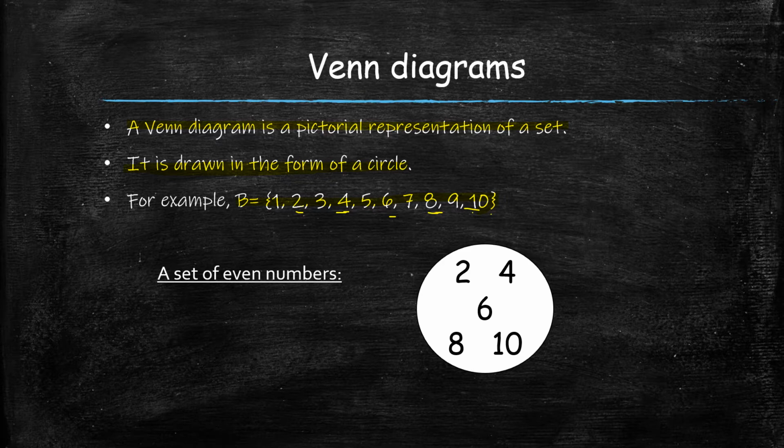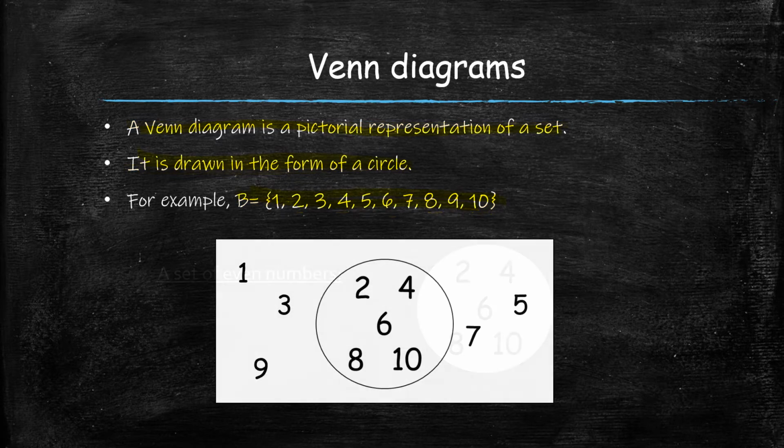Now what about the other numbers that are present in the set, like 1, 3, 5, 7 and 9? These are not even numbers, so we will write them outside the circle like this. Now all the even numbers are written inside the circle, 2, 4, 6, 8 and 10, and all the numbers that are not even are written outside the circle.